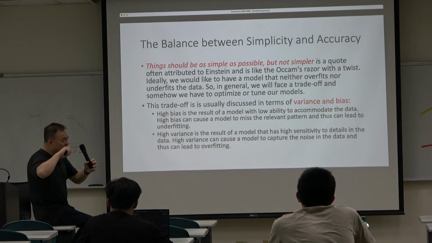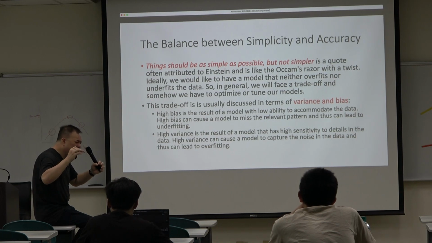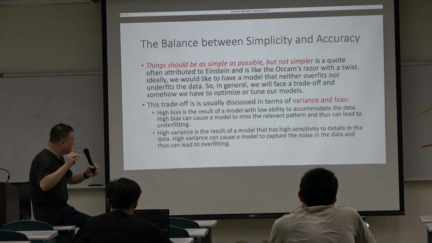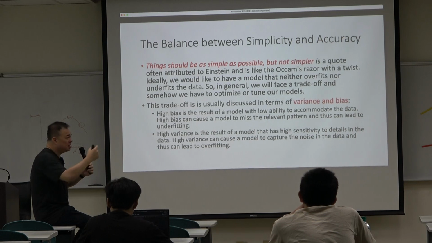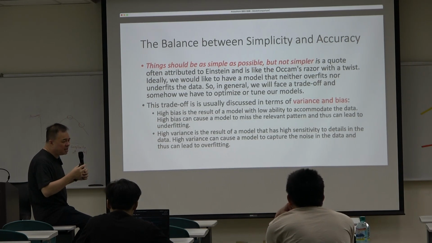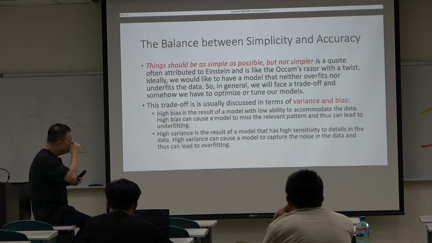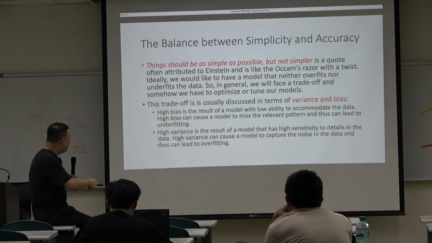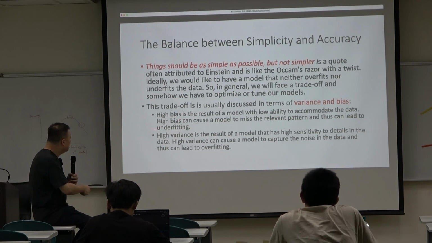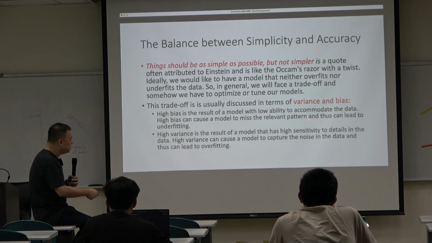If your model has low complexity, for example the model with order 0, it really doesn't have enough ability to accommodate our data set. So that's called high bias. High bias can cause a model to miss relevant patterns and lead to underfitting.